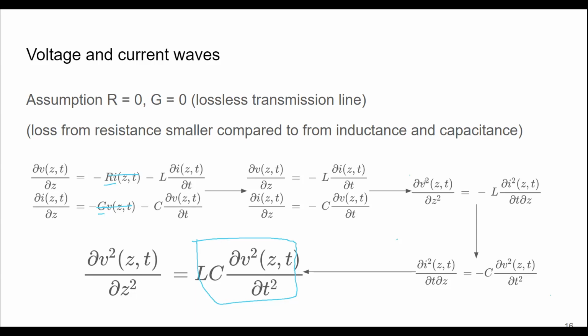So in order for us to get the wave equation, we need to obtain the second order term of the voltage. Because of that, we first take the derivative of this term with respect to Z, and that will be equal to ∂²I over ∂T ∂Z.